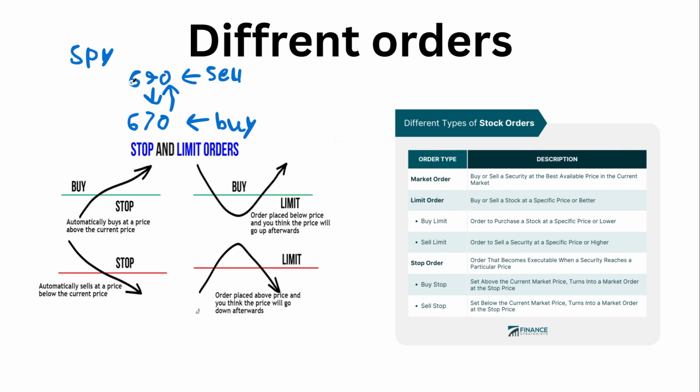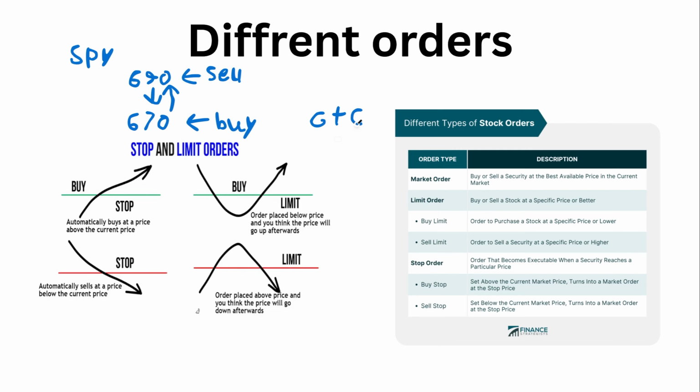When it rises back up to 690, it automatically sells, assuming you put the proper cancellation. If you put it to a GTC, which is good till cancel, these expiries will mostly be seen as GTC, which means good till cancel.